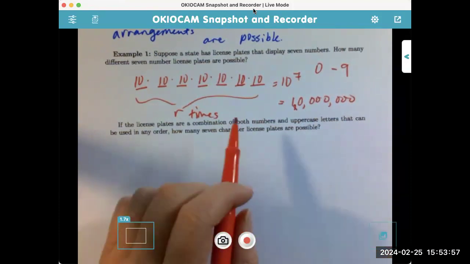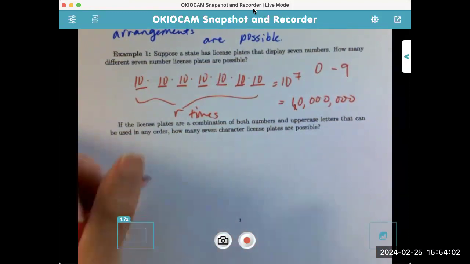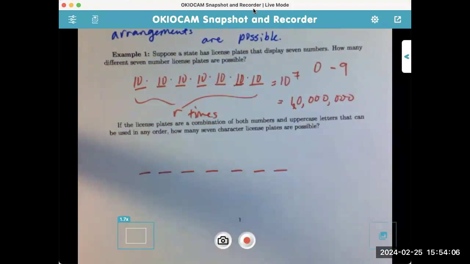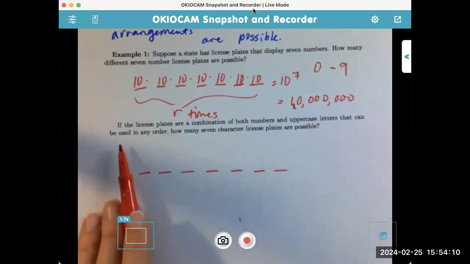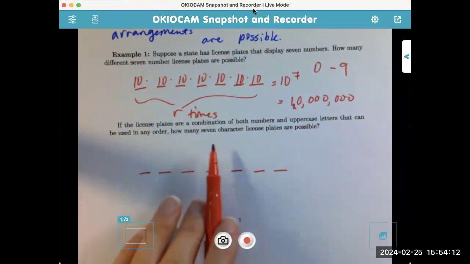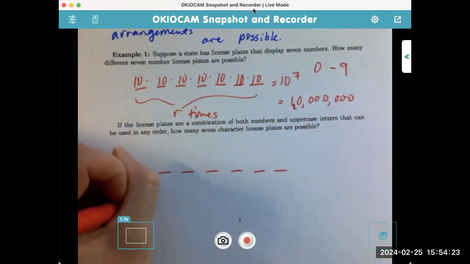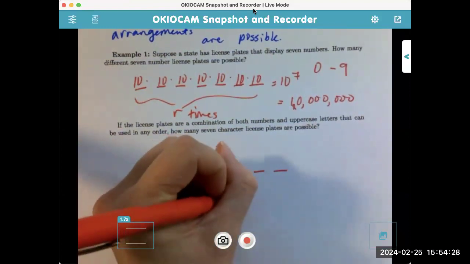We need letters and numbers. So assuming we still have the same seven, 1, 2, 3, 4, 5, 6, 7, license plates are a combination of both numbers and letters used in any order. The fact that it doesn't say repeats are not allowable, we imply that to mean we can repeat. So there are 26 letters in our alphabet plus the 10 digits.